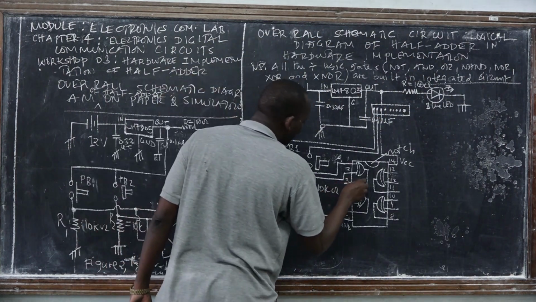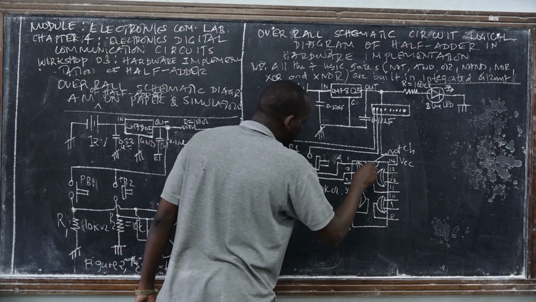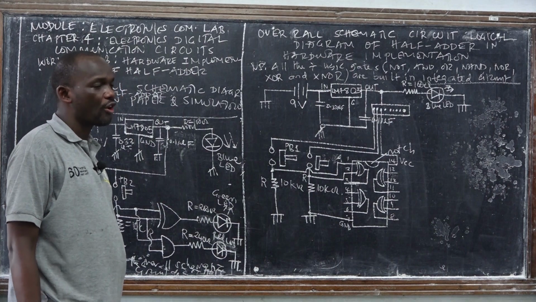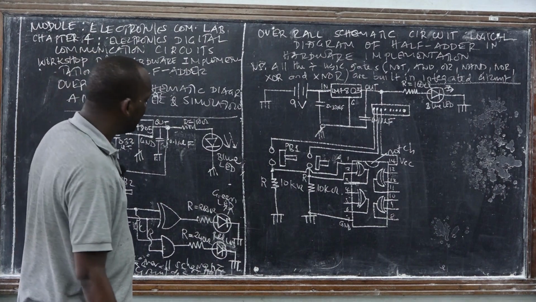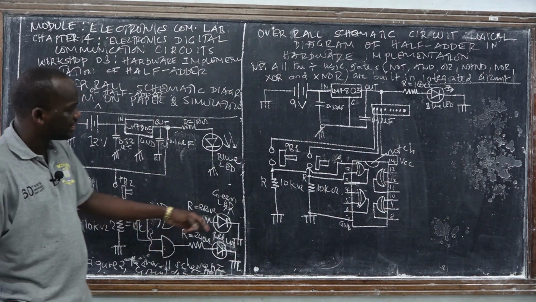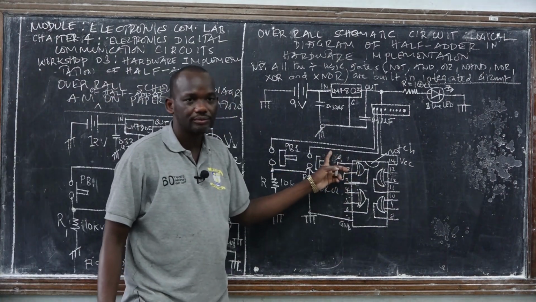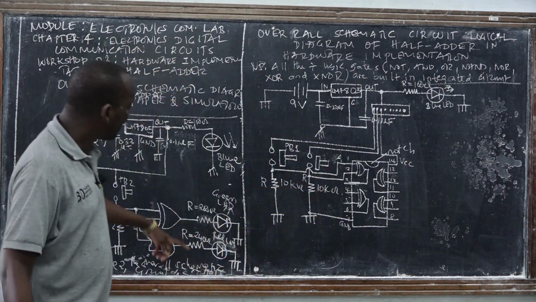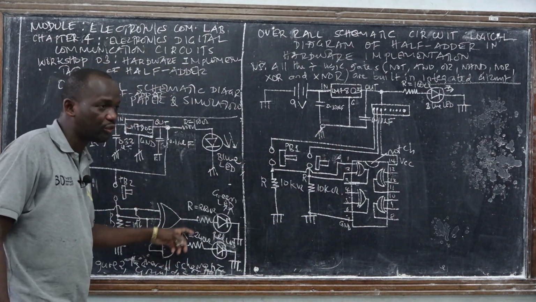Then we have supplied or introduced the 2 binary inputs to our exclusive OR gate. So what we have here is represented by this integrated circuit. Are we together? What we have on paper and simulation is the exclusive OR gate on paper.